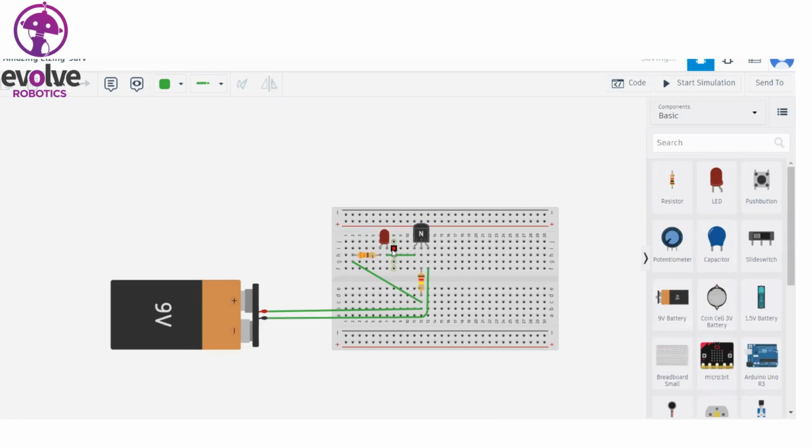The LED has two legs, the cathode and anode. These are resistors, and this is the 9-volt battery here. The connections are given as per the circuit diagram that I already explained. Here we can see what is happening when we simulate the circuit.